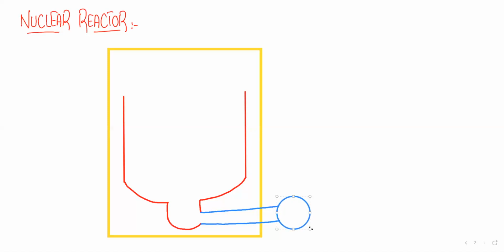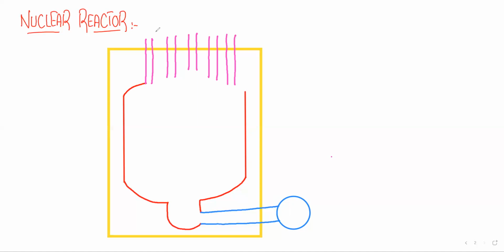Okay. And further on the upper side, we are getting multiple rods over here. Okay, so we are having a colorful nuclear reactor over here, and only a few things are left in this reactor.